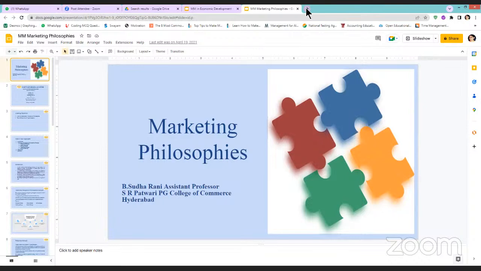So marketing is a function. It involves a process of creating, communicating, and developing.